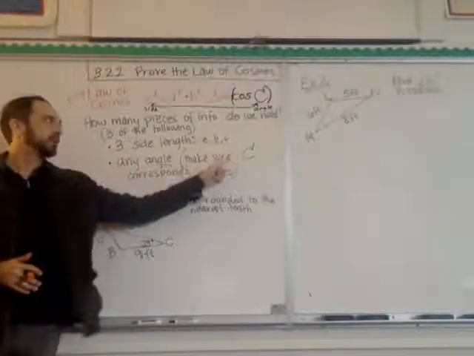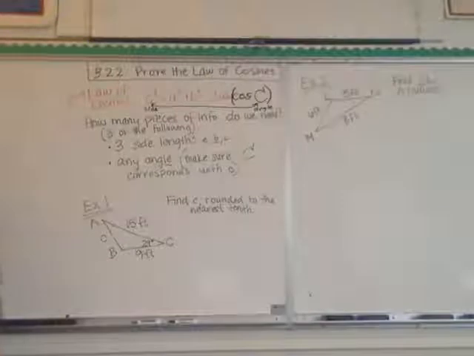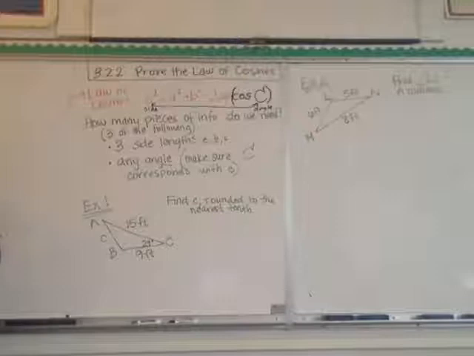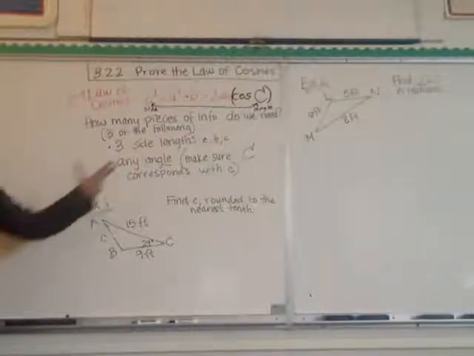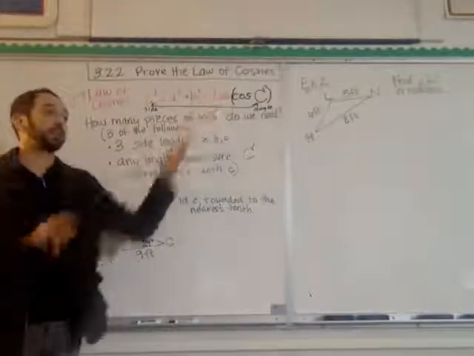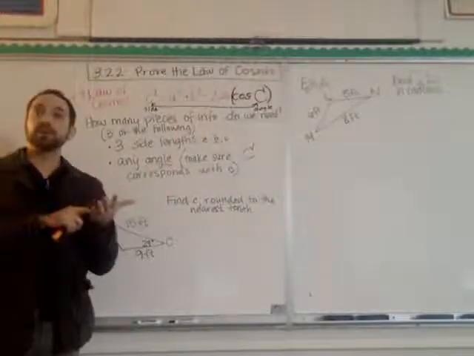Honestly, I feel like the main thing to notice is what is the angle I'm looking for or have, and what's the side across from it. It's very basic. But we have to do some practice because a lot of folks are having trouble with the calculator work. It doesn't seem like it's that hard, but this syntax is kind of hard to get into a calculator, especially if you like to put it all in and then just hit execute.